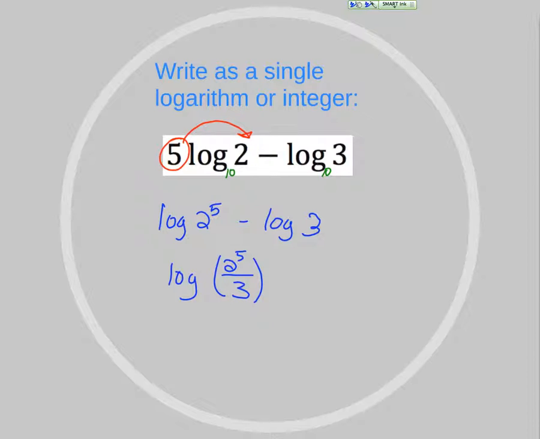When I'm combining them, with that subtraction, we end up dividing what we're taking the logs of. So 2 different laws, and if I do simplify, 2 to the 5th power is 32. So I have log of 32 over 3. Not the cutest thing in the world, but it's all right. It's doable.